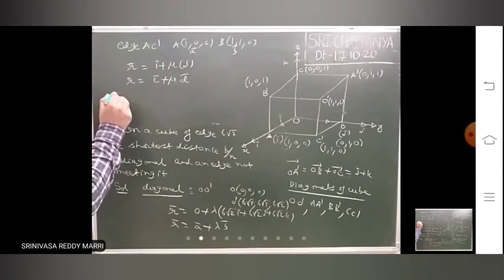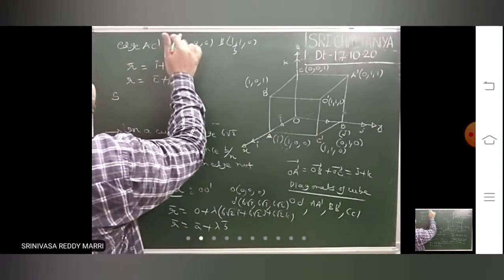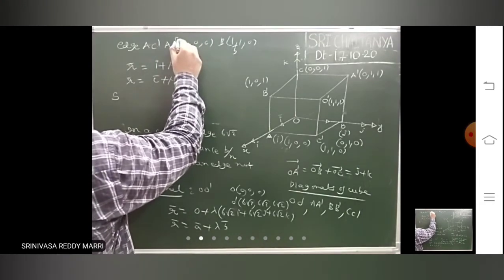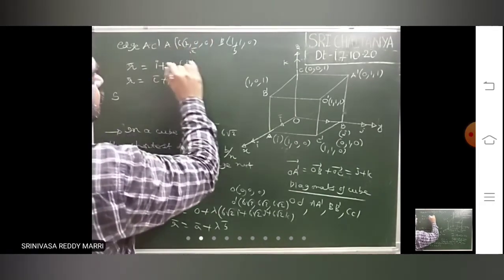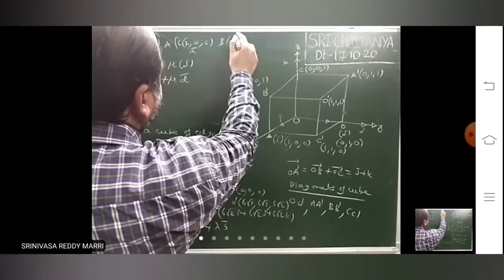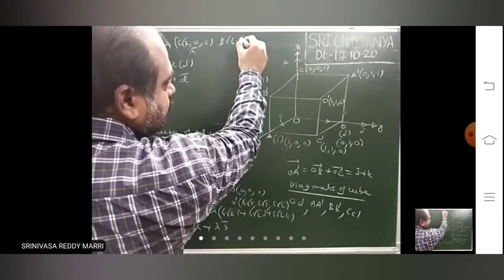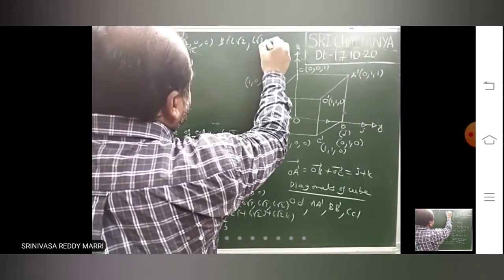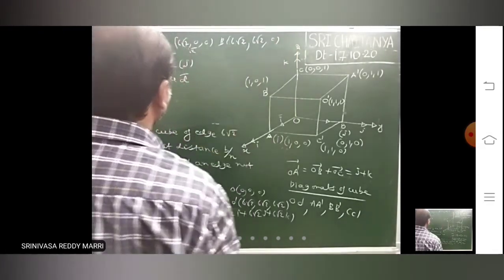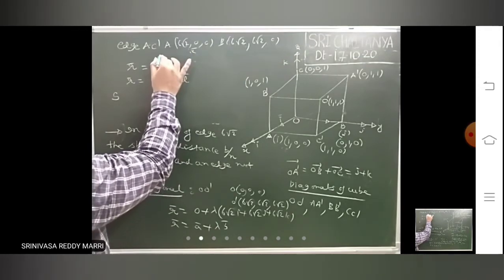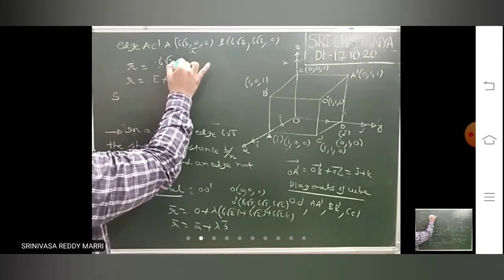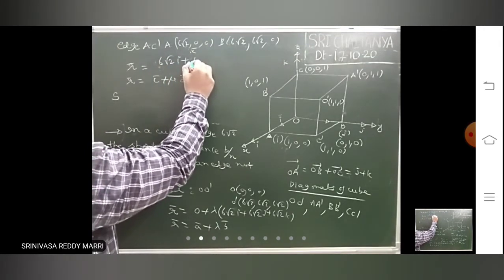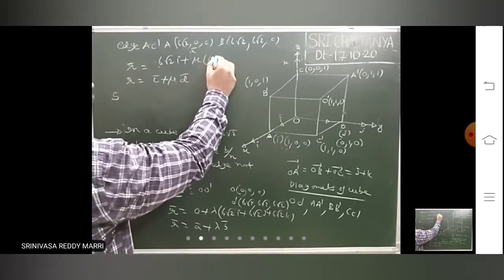Now what is the formula? Shortest distance. So now A means here for this problem 6 root 2.